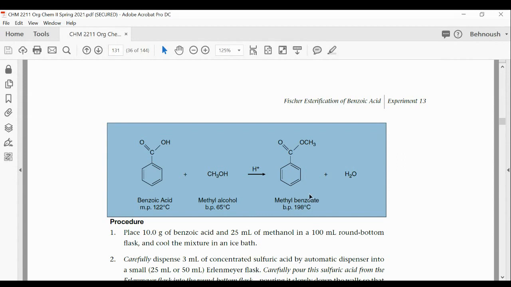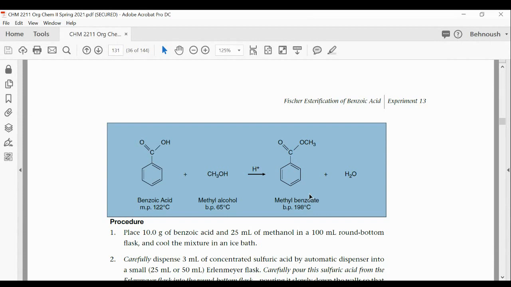Silica gel beads, which look like glass beads, you drop in there and they absorb water and get enlarged, so it makes the reaction go forward based on Le Chatelier's principle.